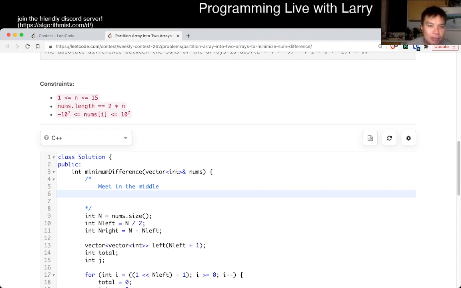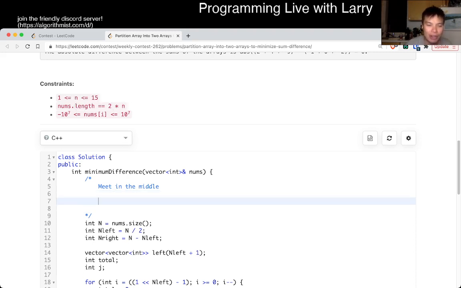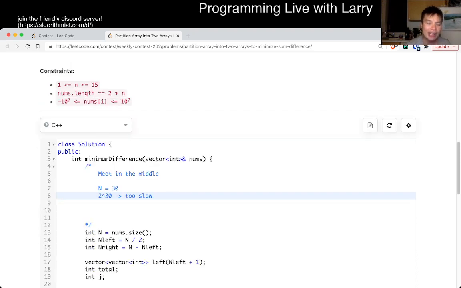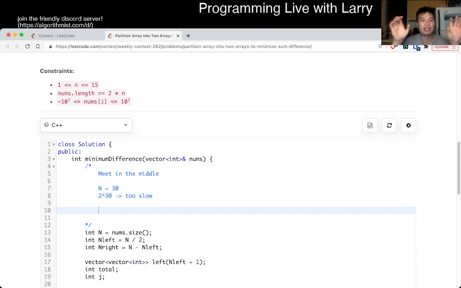So here, I know that n is 15 times 2, so the real n is equal to 30, right? And of course, if you try to do brute force, 2 to the 30 is going to be too slow. So there's a technique called meet in the middle for brute forcing, which is that, okay, in this problem, you can divide it into two different chunks.